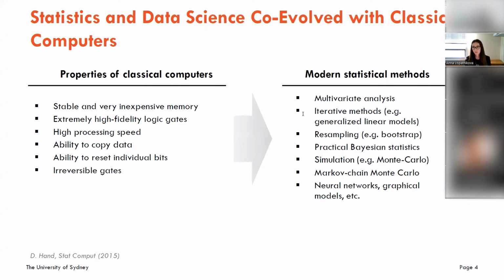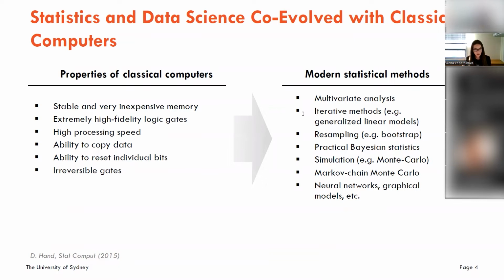If you consider modern statistical methods that we use today, from multivariate analysis to iterative methods, to resampling, to practical Bayesian statistics, to simulation, Markov chain Monte Carlo, neural networks, graphical models, and so on, all of these methods actually co-evolved with classical computers. They all emerged because classical computers became available.